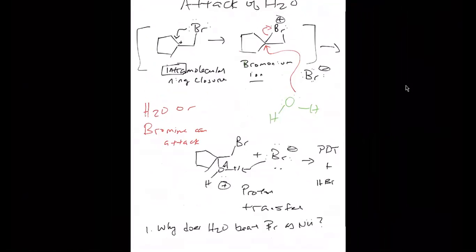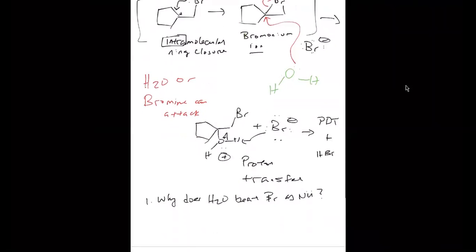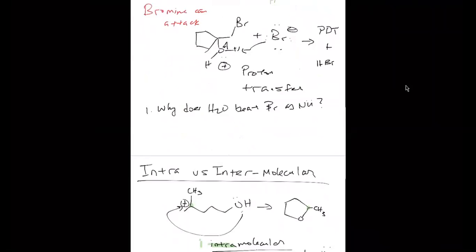So the water is just going to be more available because there's more of it. So that's why you see water opening the ring up. And there may be some competition, don't get me wrong, but the predominant product is going to be the halohydrin. So water beats out bromine because it's more plentiful. Does that make sense?